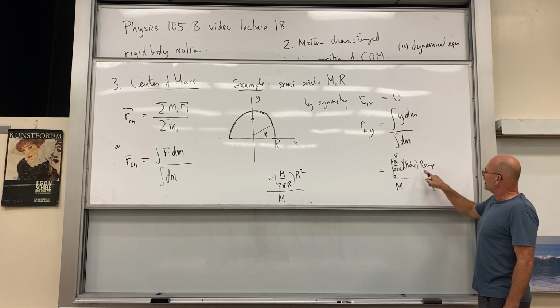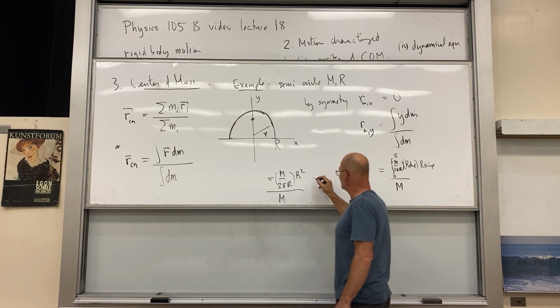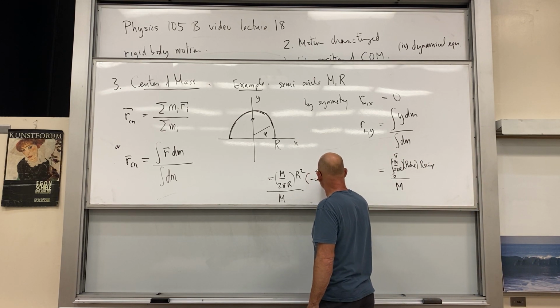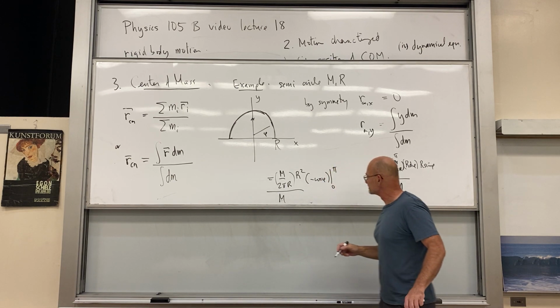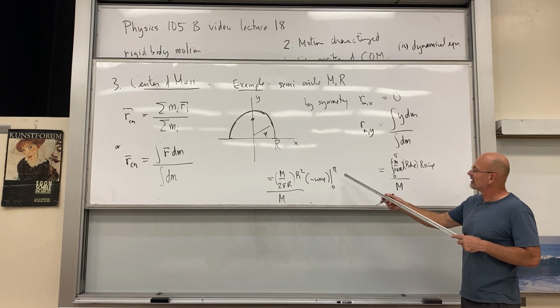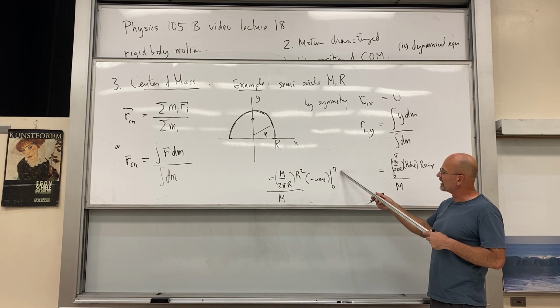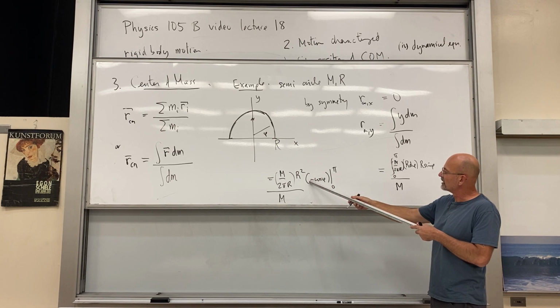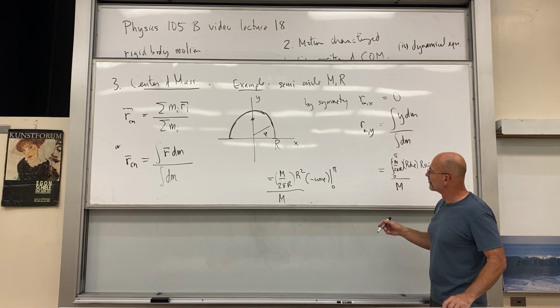The integral of d phi sine phi is negative cosine phi from 0 to pi. Cosine of pi is negative 1, so it's positive 1 plus 1, which gives us 2.